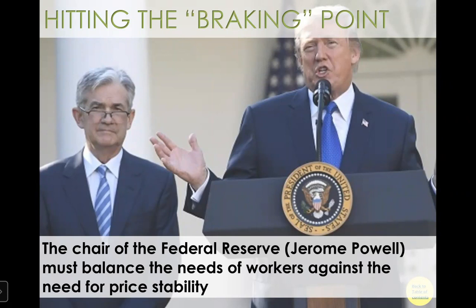As the chairman of the Federal Reserve, essentially he's the central figure of the central bank, right? And his main job is to balance the needs of workers against the need for price stability.